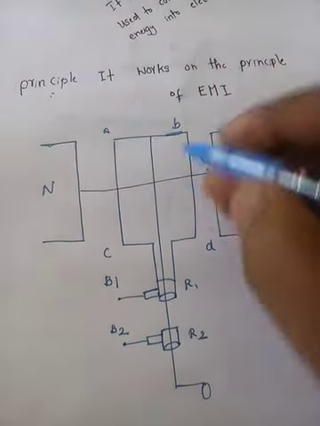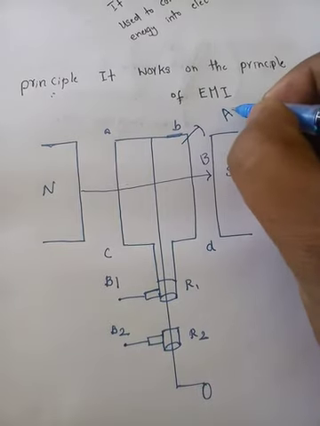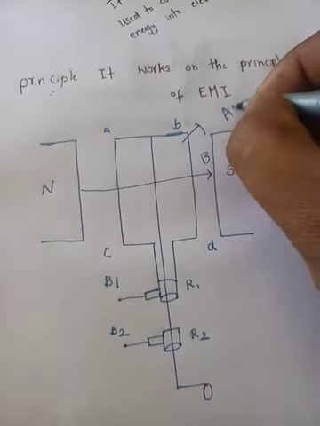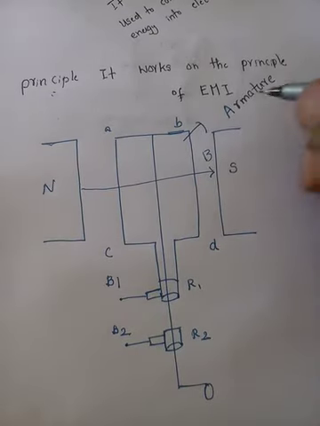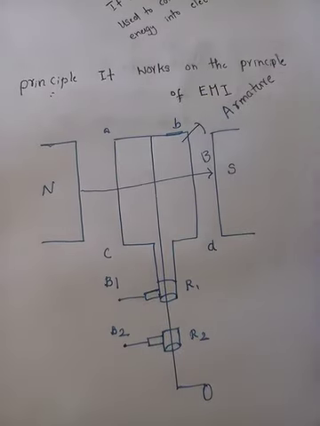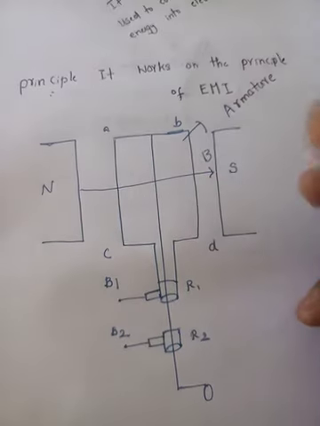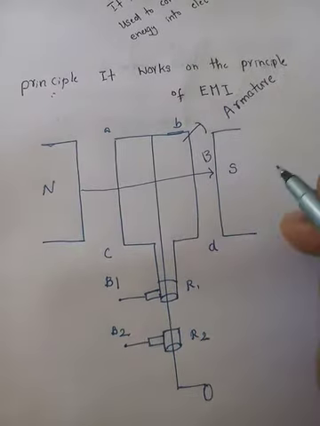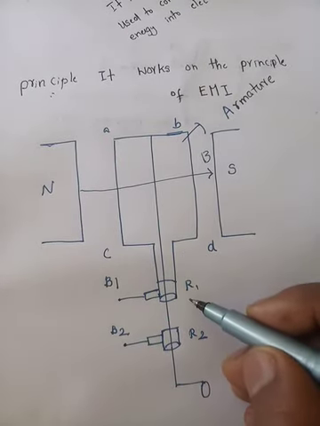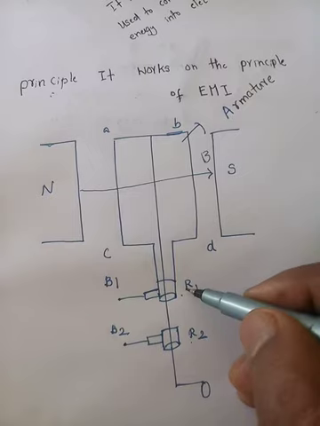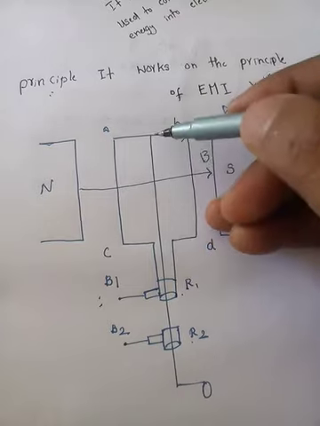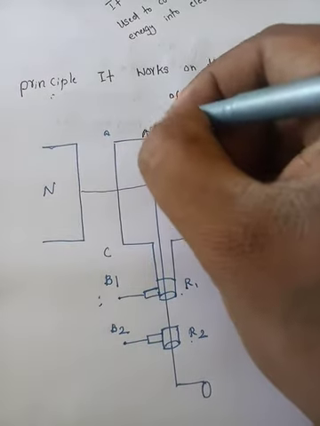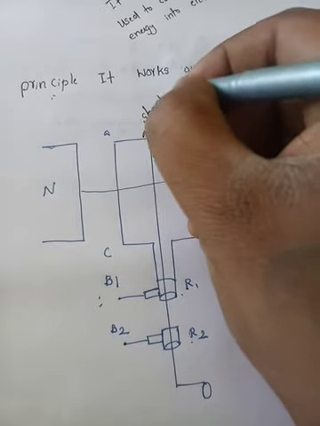Now this is called the armature. The armature consists of a rectangular coil with a core. The ends of the armature are connected to two slip rings R1 and R2, from where we can take the induced EMF, and all of these are placed on a supporting stand called the shaft.